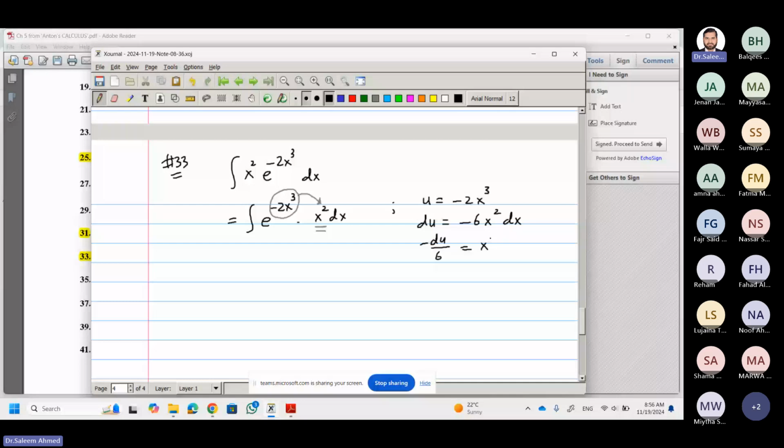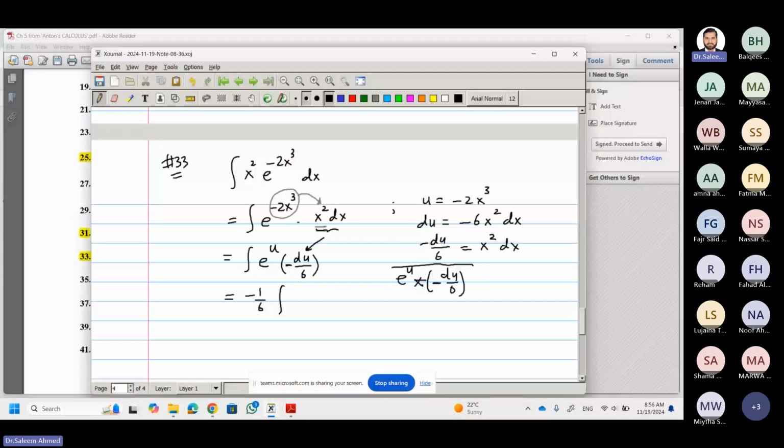Now I have everything. So I can write e to the power u, and this whole thing becomes du by 6 with a minus. And put a bracket, because it's not e^u minus du by 6. We are not subtracting. We are multiplying by minus du by 6. We have to be careful, okay? So minus 1 by 6 can be written outside now.